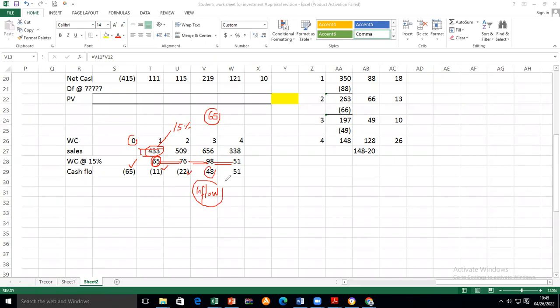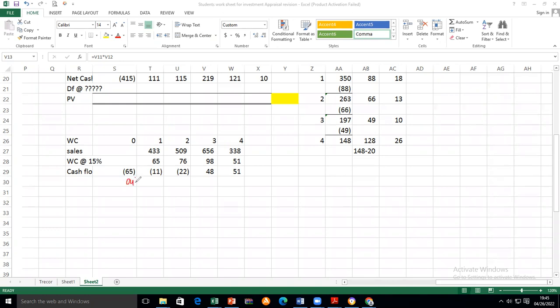Remember, when there's an increase, it's an outflow. A decrease is an inflow. At the end, what do we do? They say all the amounts still sitting in working capital will be recovered. So what do we recover?